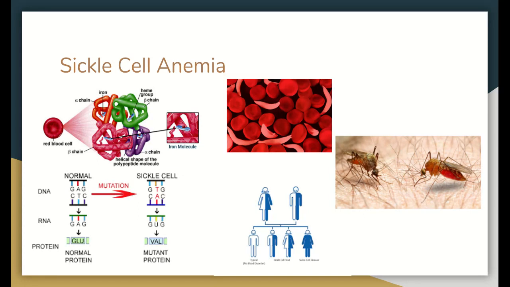Okay, sickle cell is an autosomal recessive allele. So if you got one from mom, one from dad, you would end up with sickle cell anemia. And your prognosis is a pretty short life because those sickle cells can cause blood clots, stroke, and heart attack.